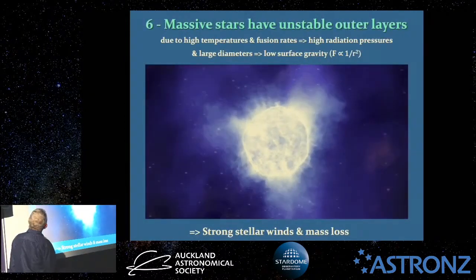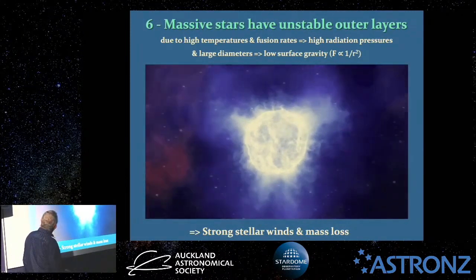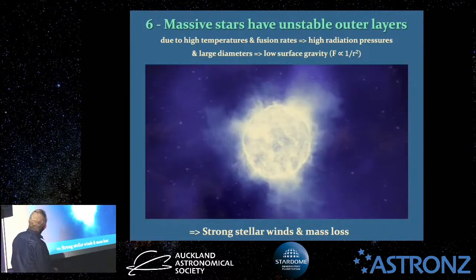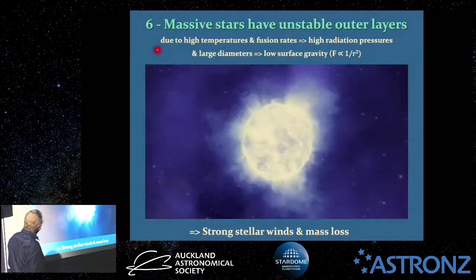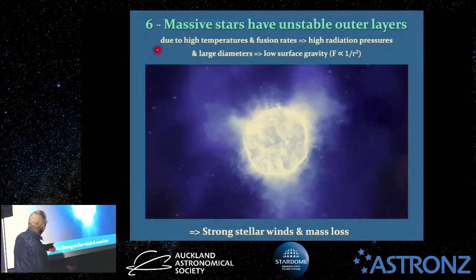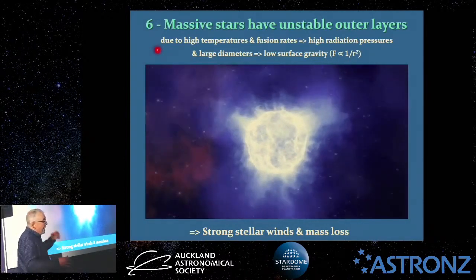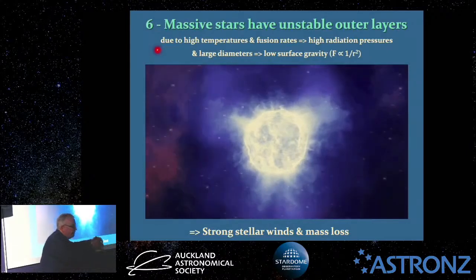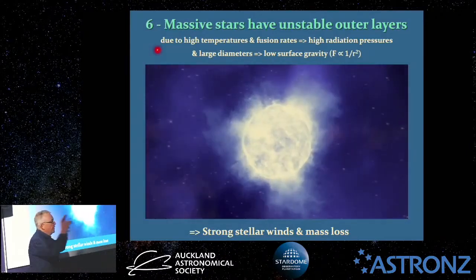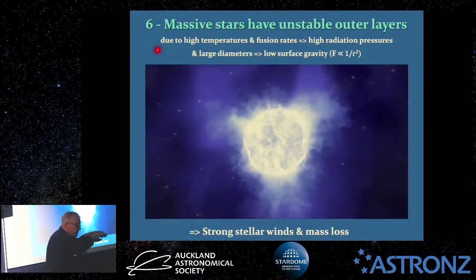Okay, point number 6. Massive stars have very unstable outer layers. Let's talk about their principles, which we've just talked about. Due to their high temperatures and burning through nuclear fusion, and remember they got very effective at pouring that heat out through convection, and then the outer layers are pushing it out with radiation, just photons heading straight out.